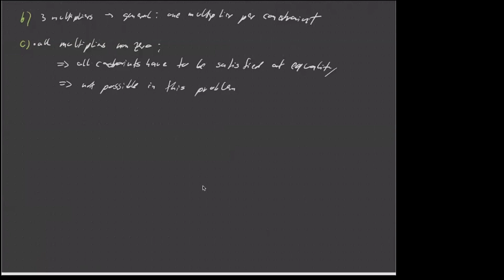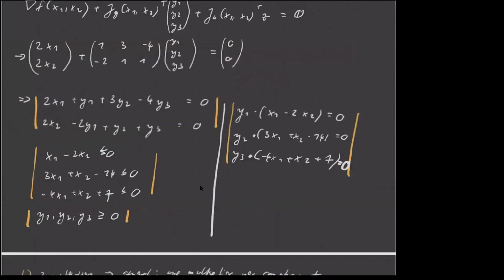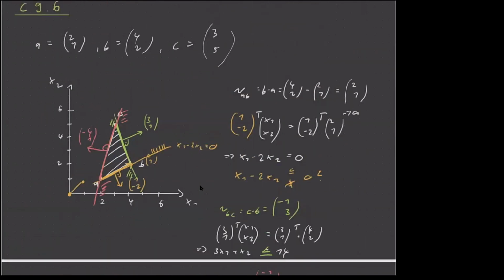Now let's look at the other cases. What about two non-zero multipliers? Now what that would mean is we have two constraints active at the same time. So we are at the same time on two of these lines. So either on these two, oops, sorry, this one and this one, which would mean these are the x values that correspond to that, or maybe on these two, and then we get this point as a solution, or maybe these two here, and then we get this point as a solution.